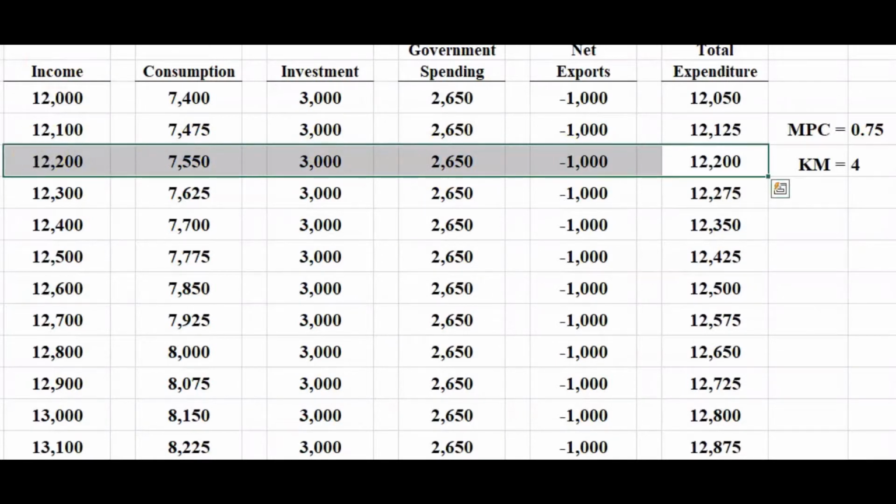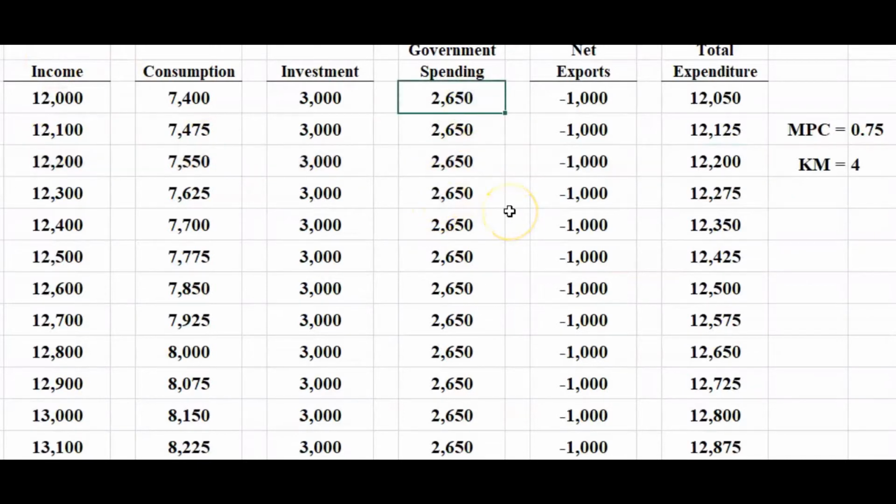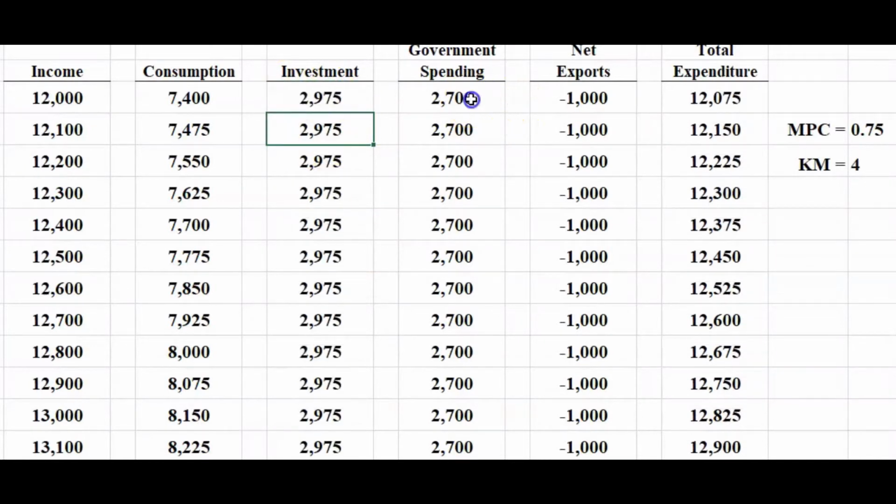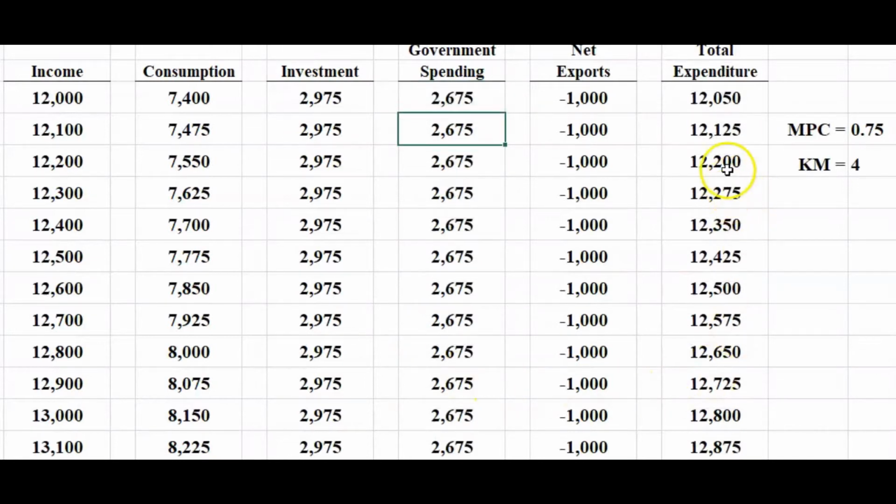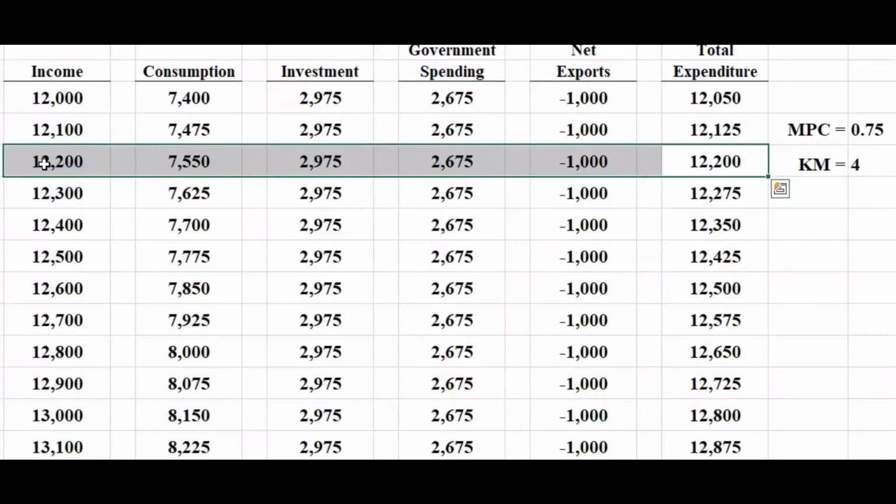Now here's something else cool you can do. We'll go back to 2,700. If we're subtracting 50, you could subtract 25 from investment, so we have 2,975, and 25 from government spending, so we'll make that 2,675. And look at that. Once again, our 12,200 in total expenditure now matches up with our 12,200 in income.